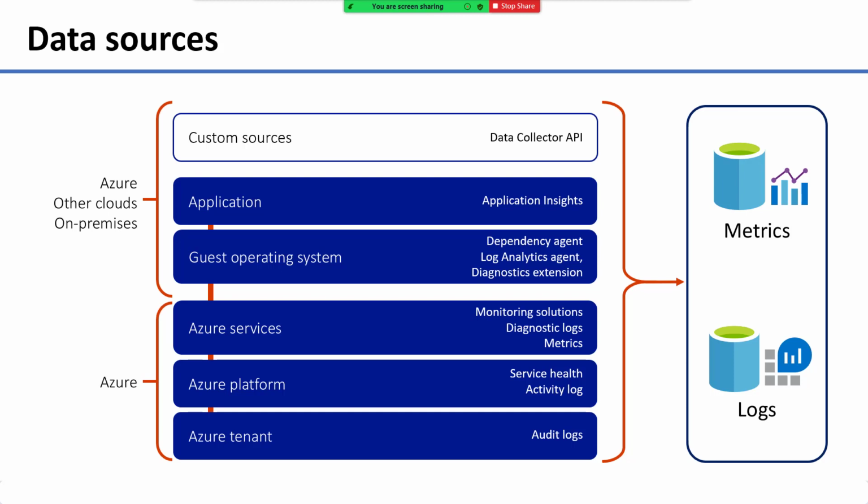You can collect all the metrics generated by those Azure services. When it comes to the Azure platform, we have service health and activity log. Each and every resource, as well as the subscription, has its activity logs. When it comes to the Azure tenant, like your Active Directory, you can collect all the audit logs into Azure Monitor.